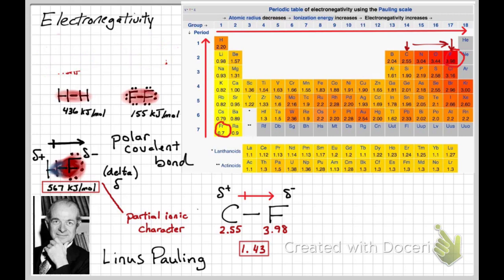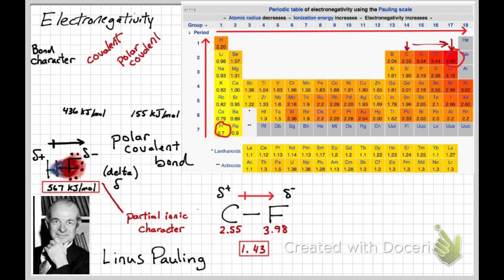So for instance, if we want to know something about the bond character, for instance, if it's going to be a strictly covalent bond, nonpolar, a polar covalent bond, or if it's actually ionic, we can use the difference in electronegativity to get an estimate.